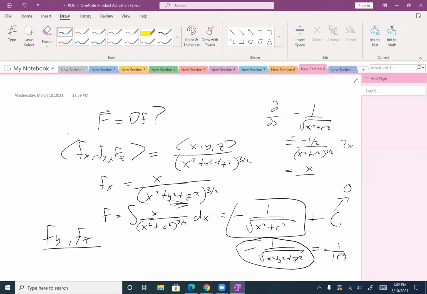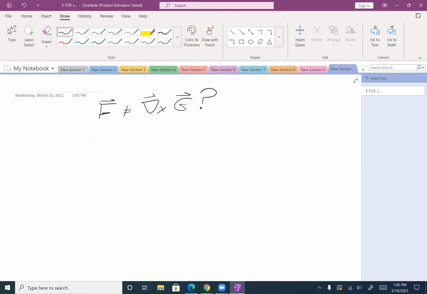Okay, so we actually know that the divergence is 0. And I did tell you that if this is true, then it should imply that F has a curl. But the key thing is that this is true if you have a domain without holes.